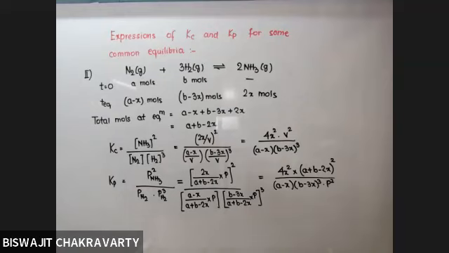So expression wise, you see that no longer Kp and Kc are same, obviously because delta Ng is not zero now. But what I want you to learn is how to get the expression for Kp and Kc for any reaction. I hope you have understood the steps involved in the process, how to get the value of Kc and Kp.